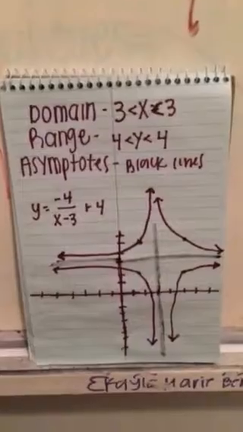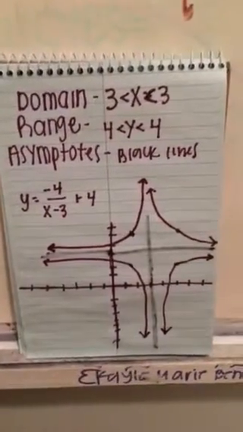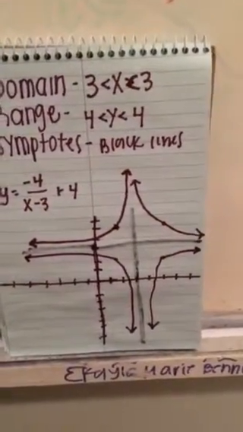So our domain is x is greater than 3, x is less than 3.